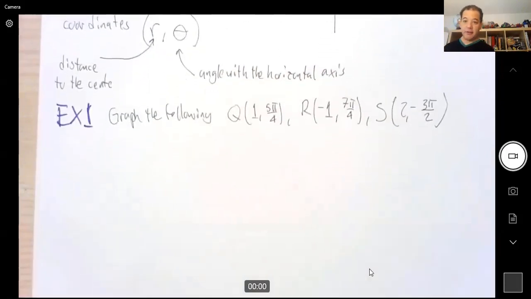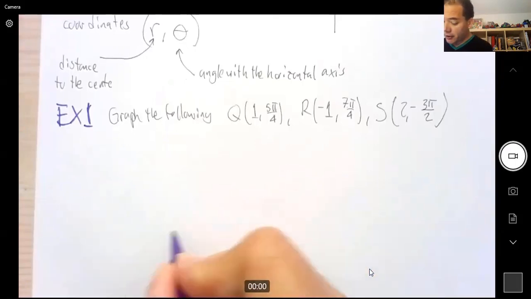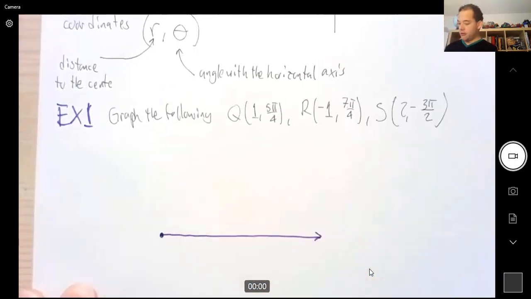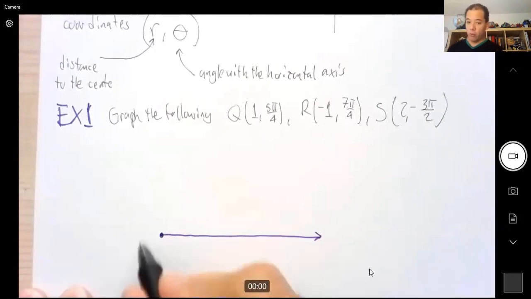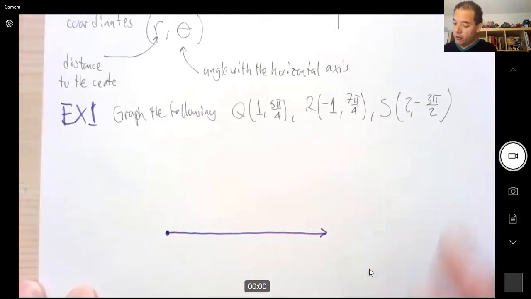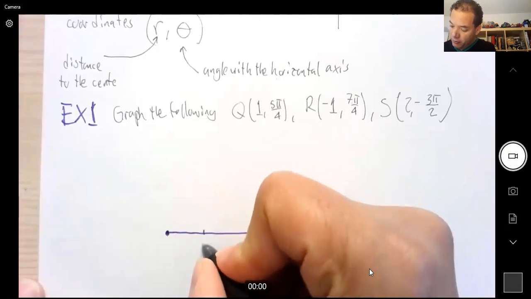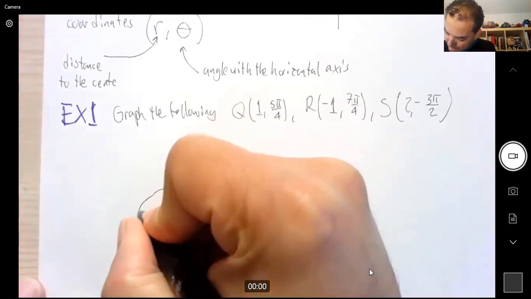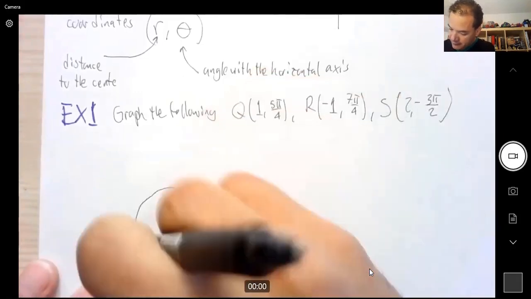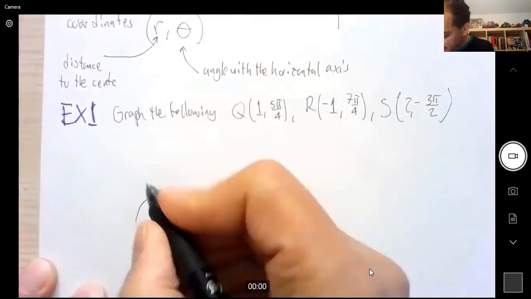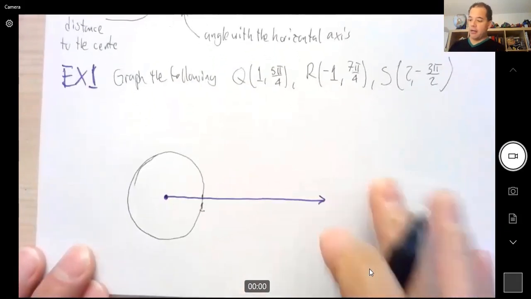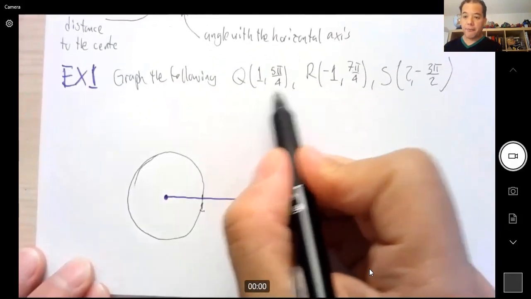First, like we said, we need an idea of where our x-axis is, our horizontal axis, and our origin. So here it is. So to do the point (1, 5 pi over 4), we go 1 here. So it's gonna be on this circle. Okay. And now we have an angle of 5 pi over 4, right?